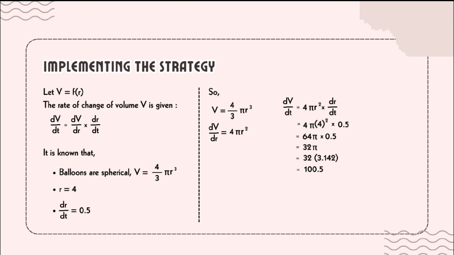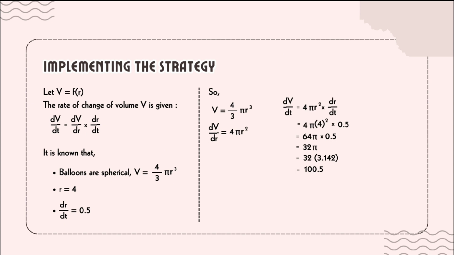It comes from the information given. And then we got 4 pi r squared, which is equal to 4 squared multiplied by 0.5, equals 64 pi multiplied by 0.5, and then equals 32 pi.